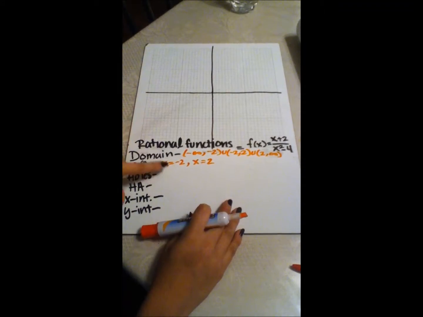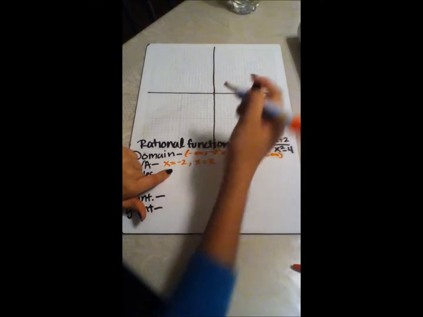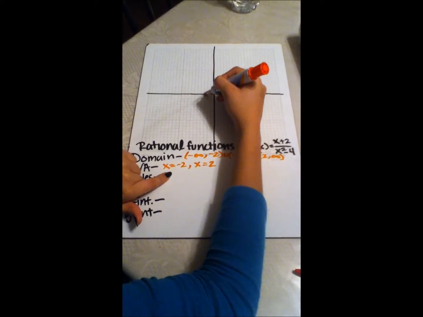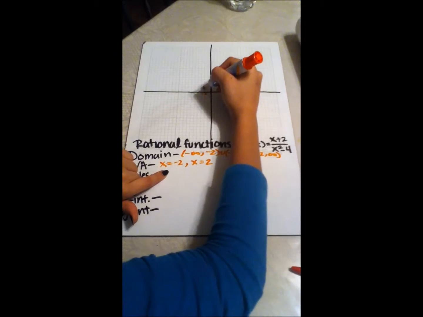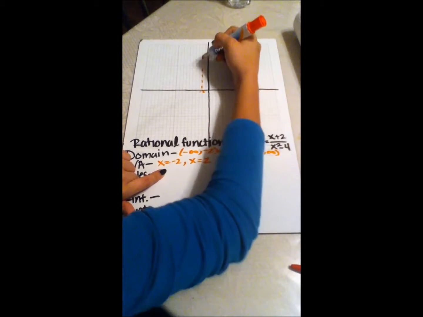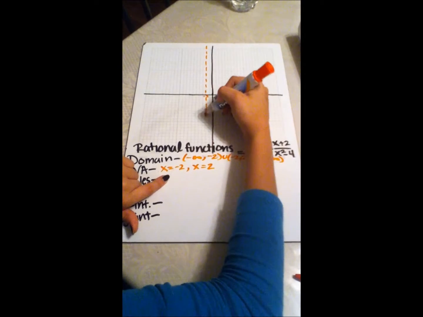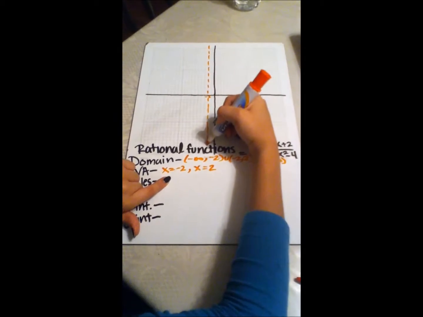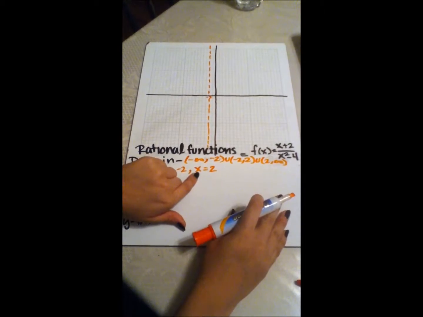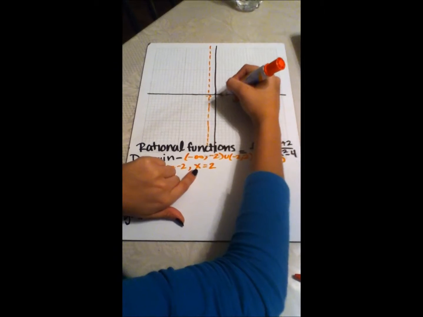So our first vertical asymptote is negative 2, which is right here, and then positive 2, which will be right here.